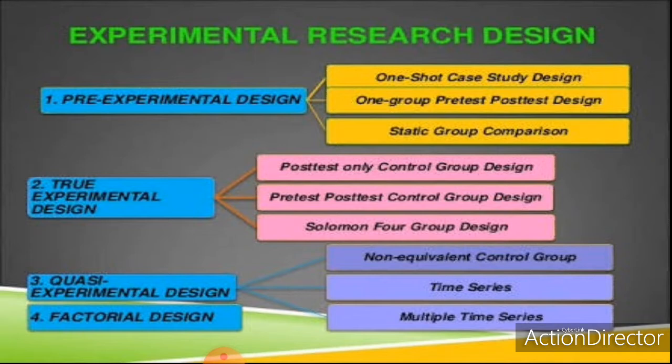True experimental design has further 3 classifications. They are post-test only control group design, pre-test, post-test control group design, Solomon 4 group design. And quasi-experimental design consists of non-equivalent control group design, time series design and multiple time series design. And the fourth one is factorial design.